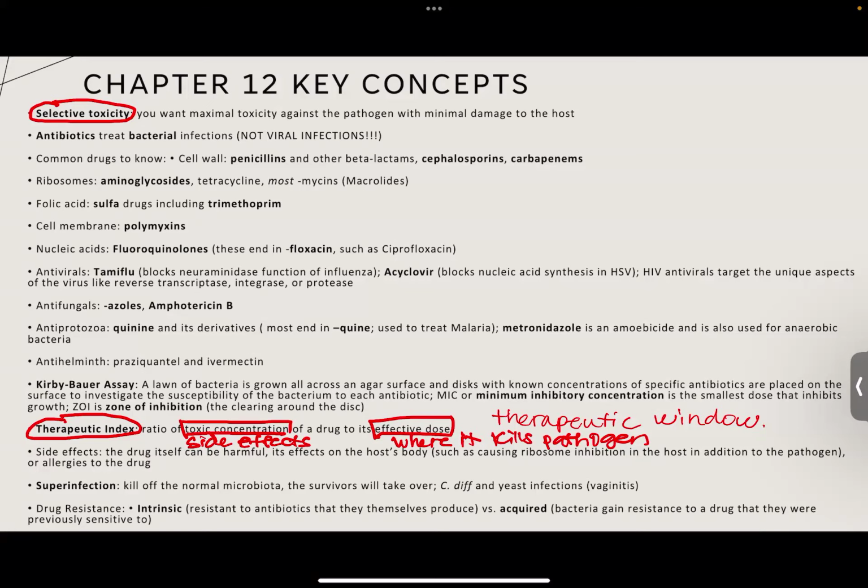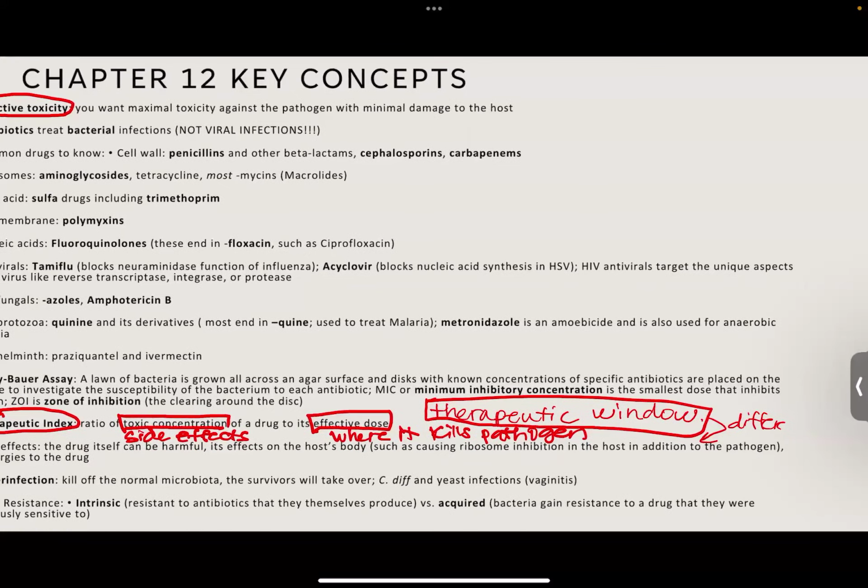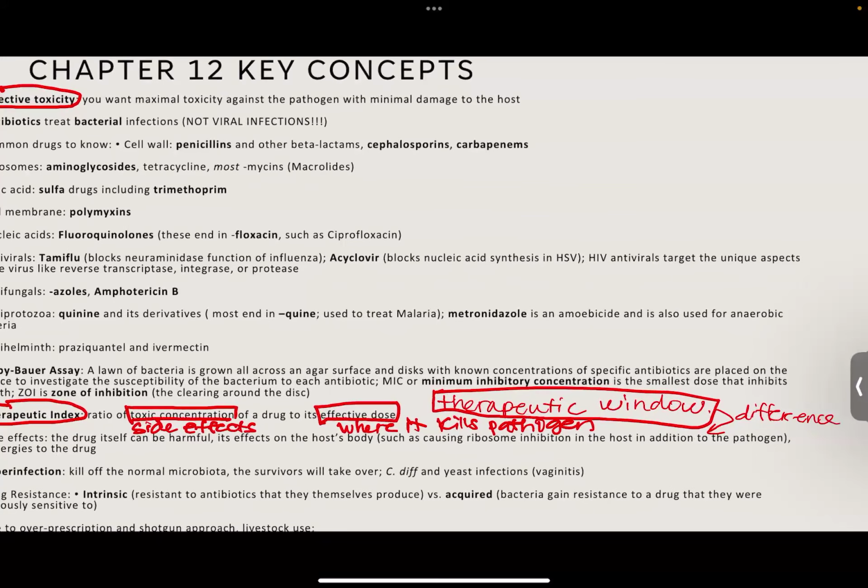And then the therapeutic window is just the difference between these two. Okay, basically, if 5 milligrams kills the pathogen, but 5.5 is toxic to the patient, then that therapeutic window is about 0.5 milligrams.